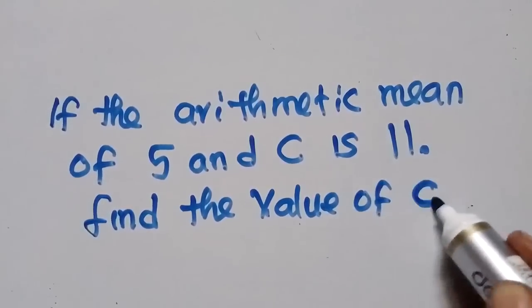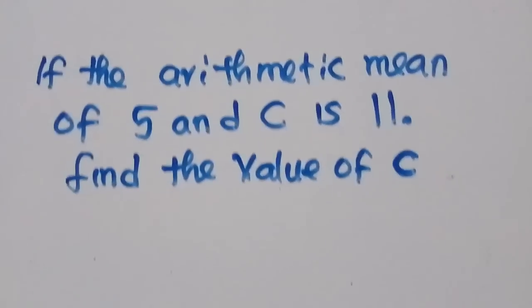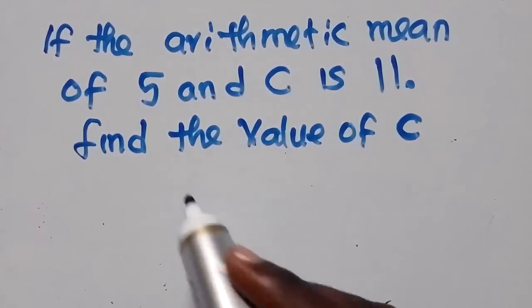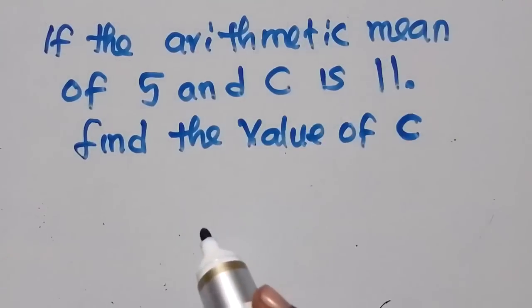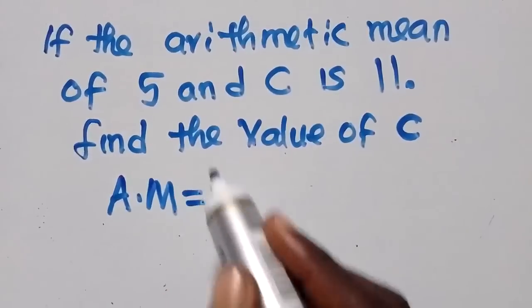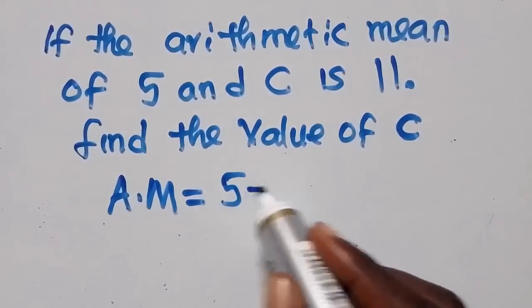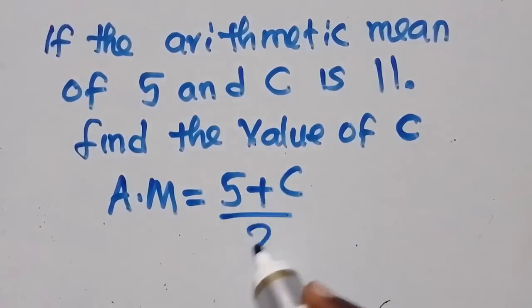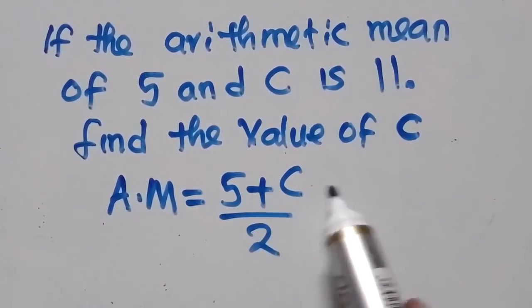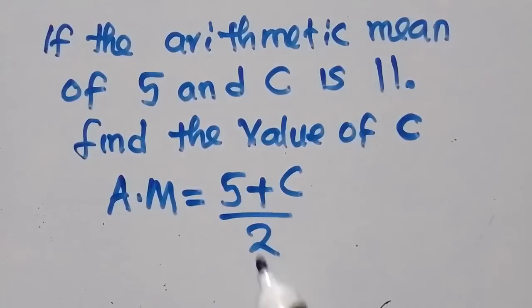How can you find the value of C? You know the way we find the arithmetic mean. Arithmetic mean is equal to 5 plus C over 2.